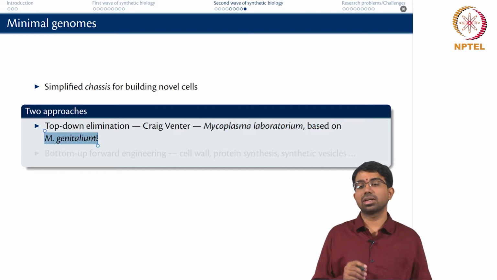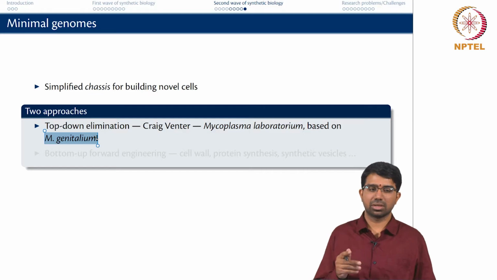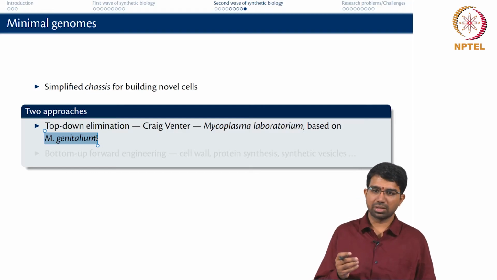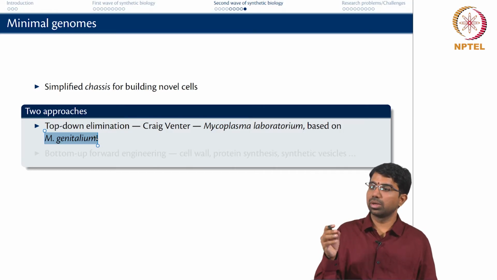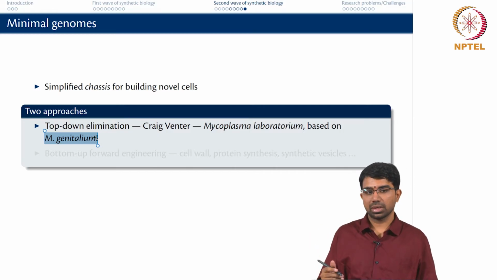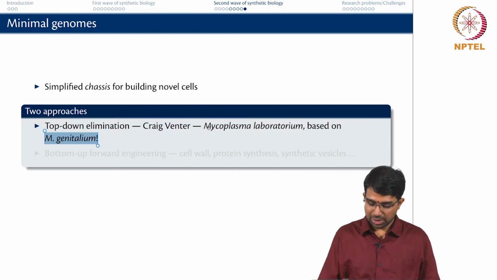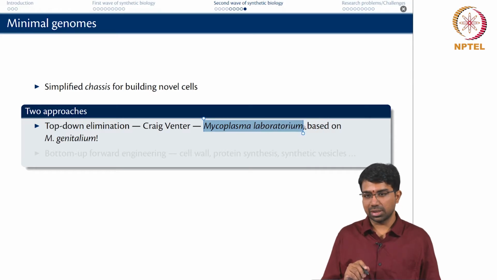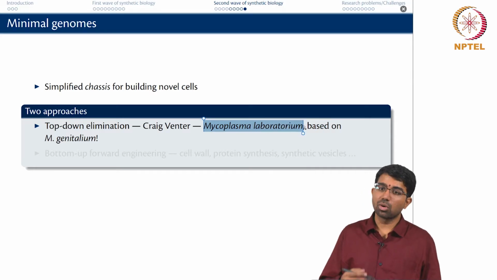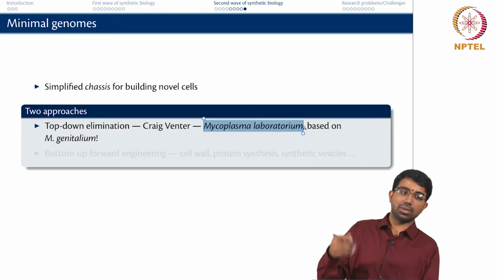Mycoplasma genitalium is already a very fastidious organism. It has a very small genome, and it's pathogenic, and it can only grow in certain conditions and so on, right, which means that it needs a lot of nutrients to survive because it can't make too much on its own. And they made Mycoplasma genitalium encode the genome for a new organism and start producing this organism.